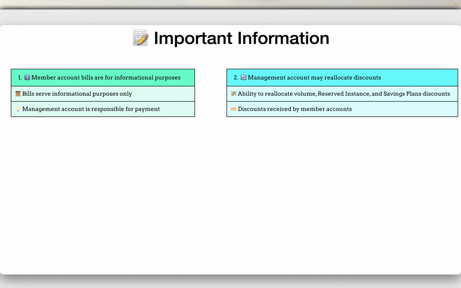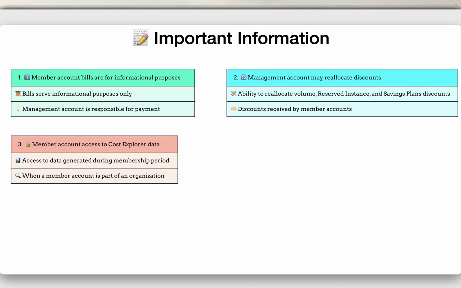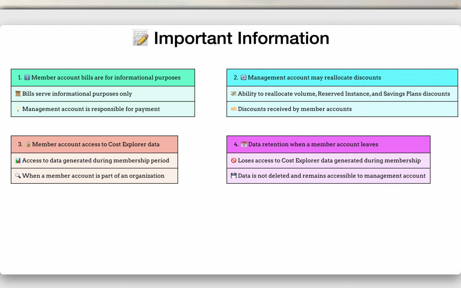The management account has the ability to reallocate the additional volume discounts, reserved instance discounts, or savings plans discounts received by member accounts. When a member account is part of an organization, it can access Cost Explorer data generated during its membership period. If a member account leaves the organization, it loses access to the Cost Explorer data generated during its membership.